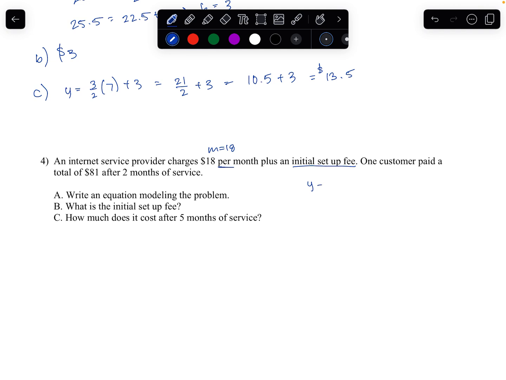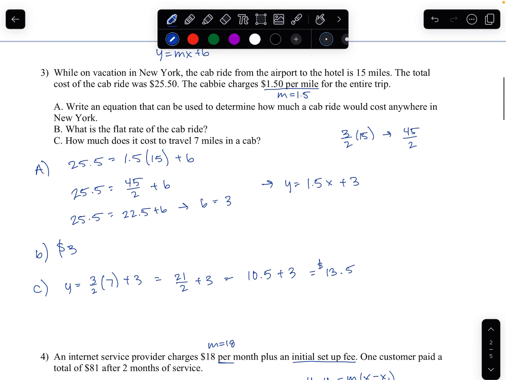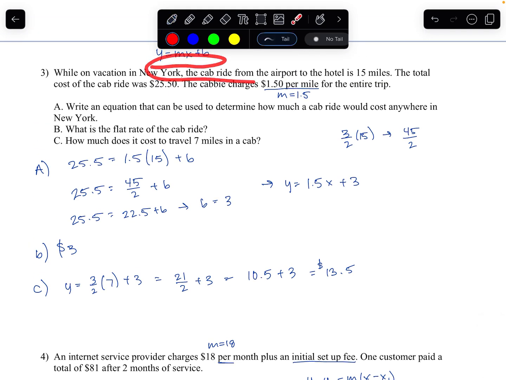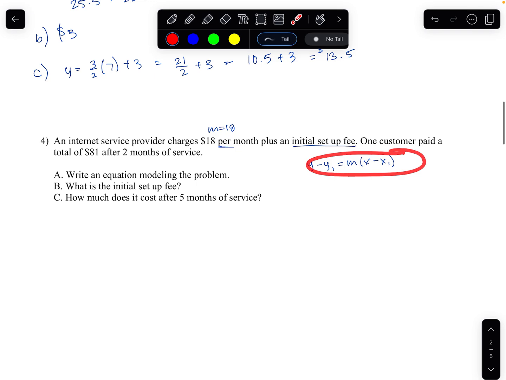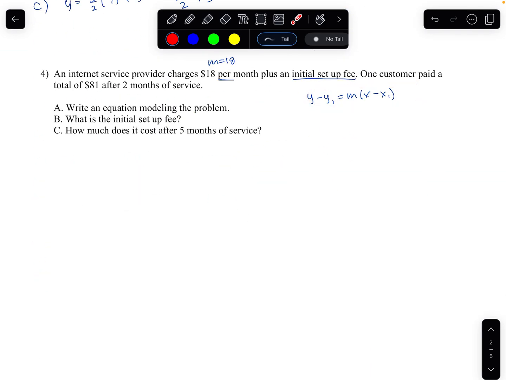So y minus y1 is equal to m times x minus x1. Maybe it would have just been easier to write that up here. 15 miles, yeah. We definitely could have just used this point slope form in the previous example above, but I guess it was good just to do some math. But I'm going to use this right here.